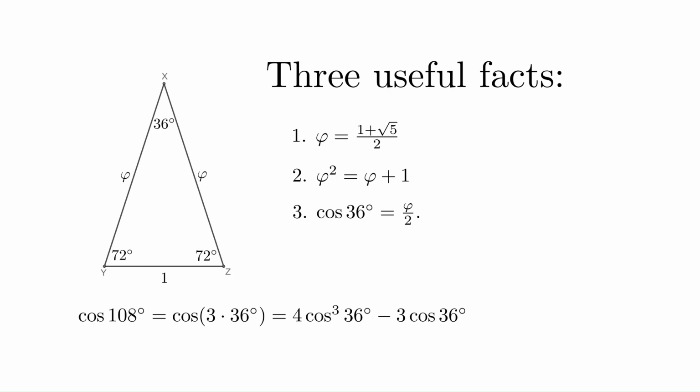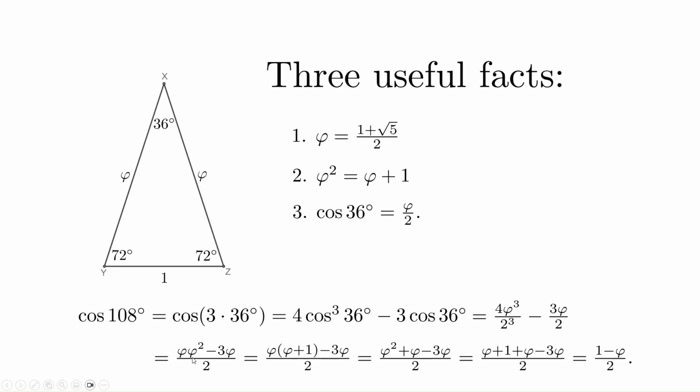Cosine of 108 degrees is cosine of 3 times 36 degrees. Then we apply the triple angle formula for cosine. It is equal to 4 times cube of cosine 36 degrees minus 3 times cosine 36 degrees. Plug in the value. We have phi cubed.